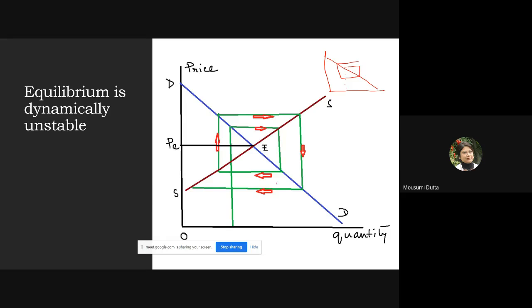Now, if you want the things in another way, in that case, you may start with a quantity like this.